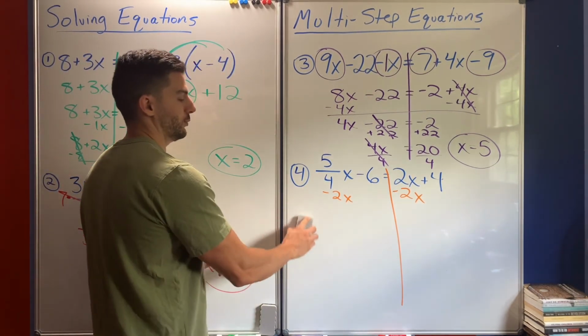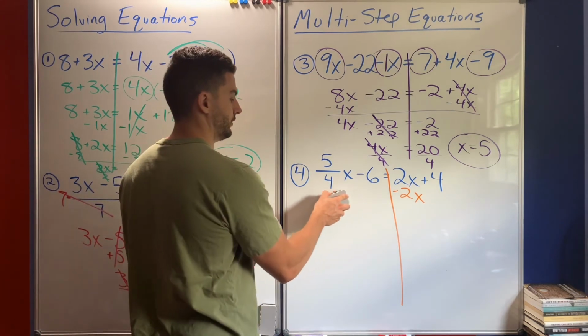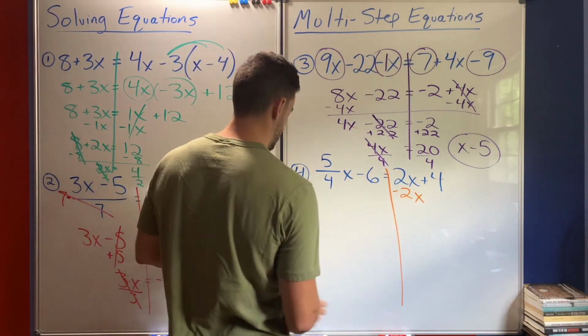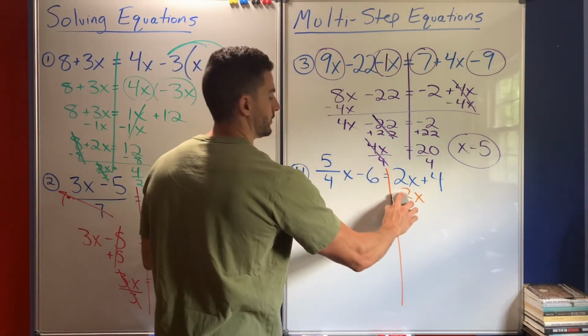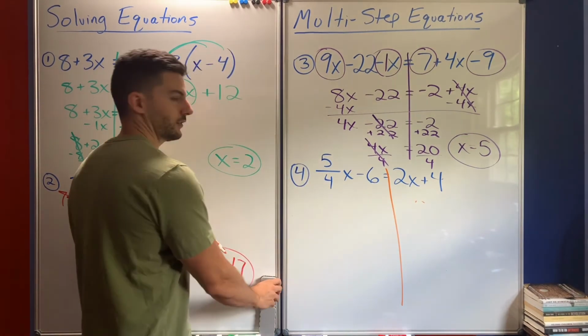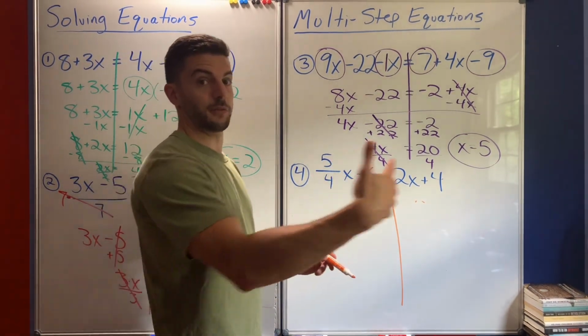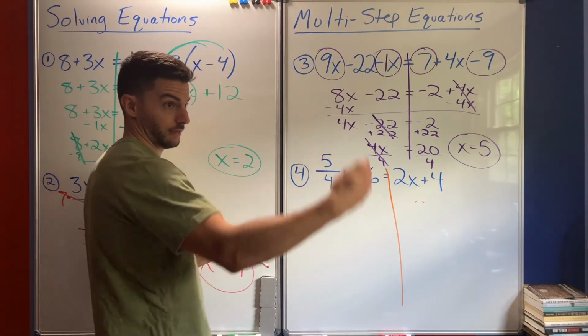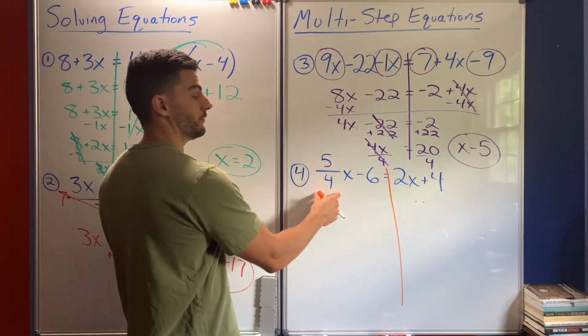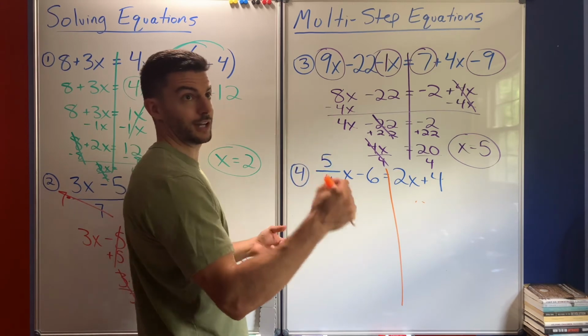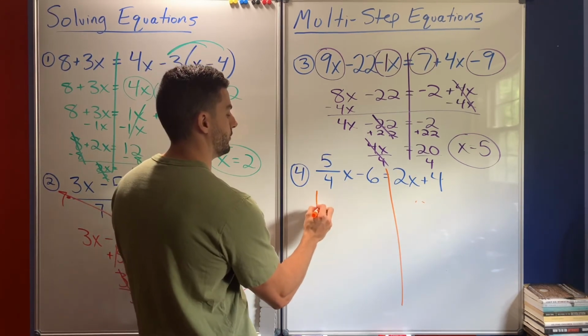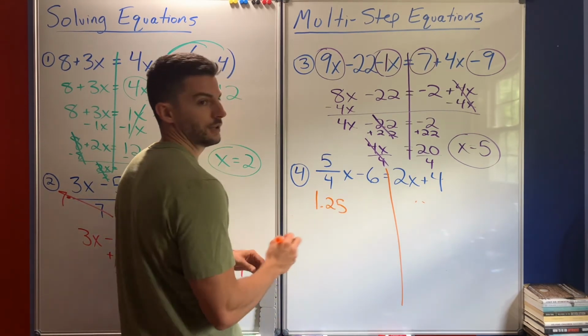So a lot of the time, what you can do to make life easier for you is change this. I'm going to erase this as well. 5/4, right? All fractions can also be written as decimals, okay? Sometimes they're repeating decimals, so you have to kind of round them. But 5/4 is easy. 5 divided by 4 would just be 1.25, okay?